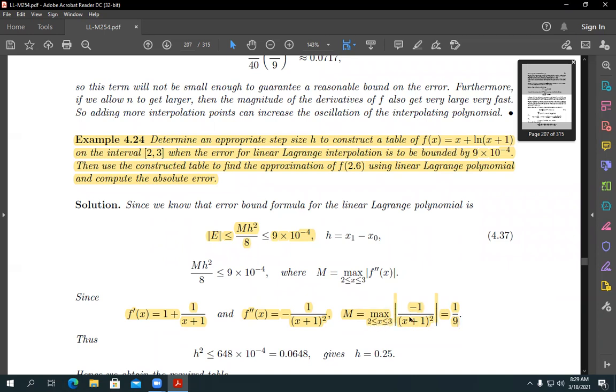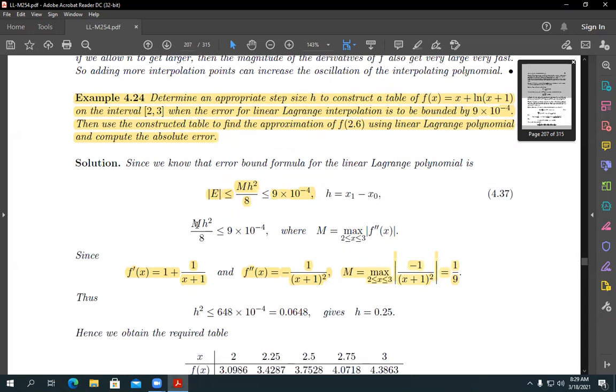So we have 1 over (2 plus 1) to the power 3, which is 9. This is the maximum value. Put the value of M as 1 over 9. Simplify h squared, and take the square root because we need h. When you take the square root, h is equal to 0.25.